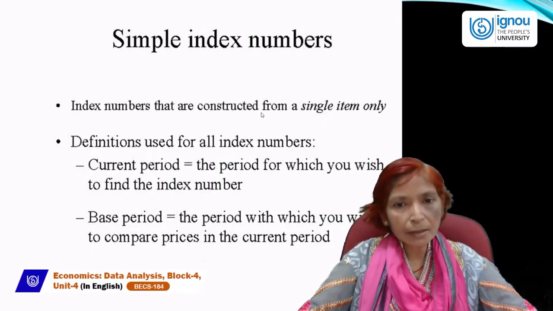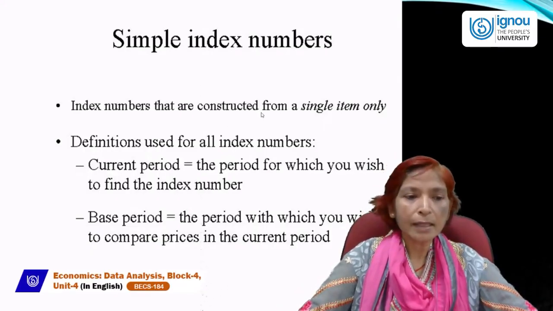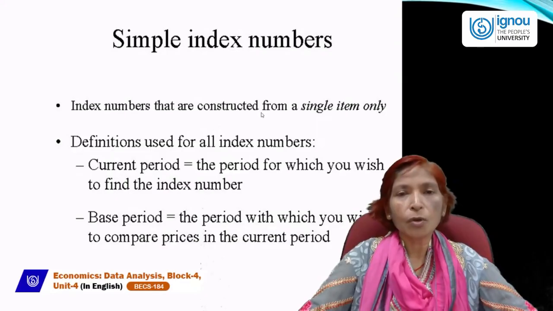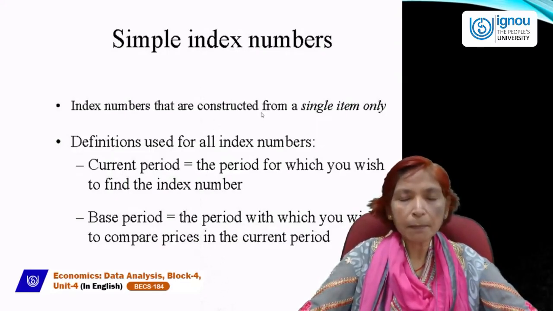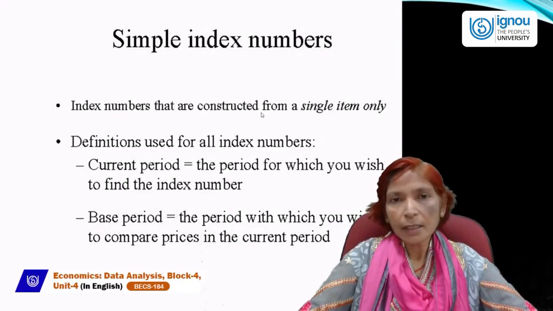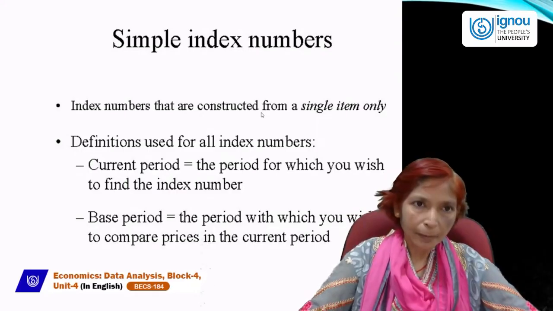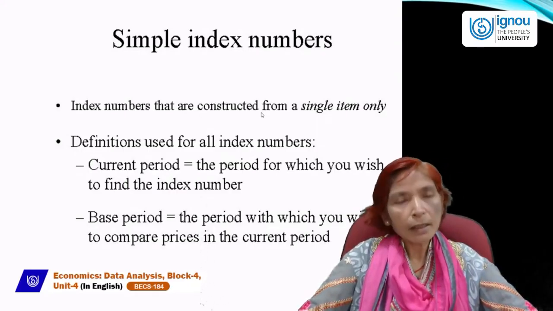If P1 is divided by P0 multiplied by 100, then we can estimate the relative change in price level. So this is simple index number.